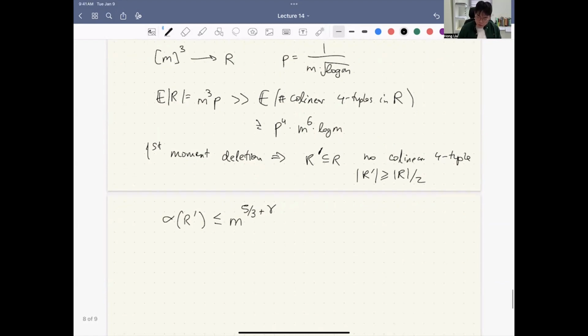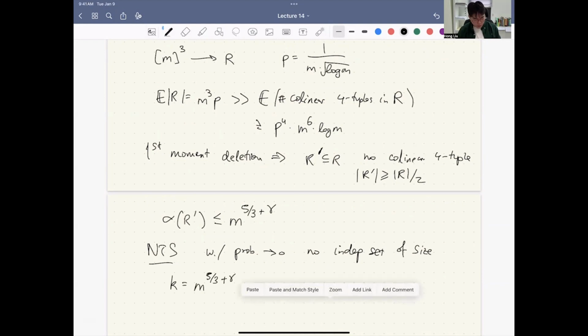So this corresponds to needing to show, with probability tending to 0, no independent sets of size, let's say k, which is this m to the 5/3 plus gamma, is contained in R prime.